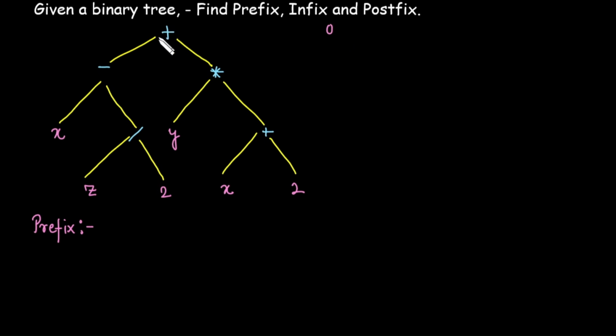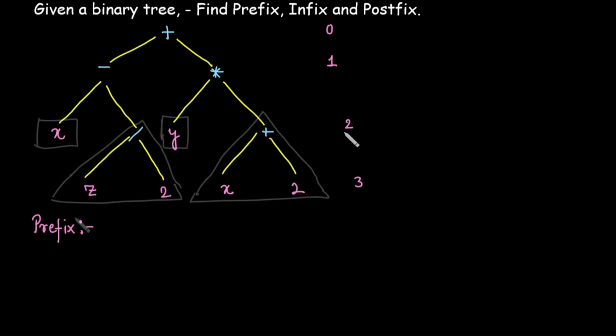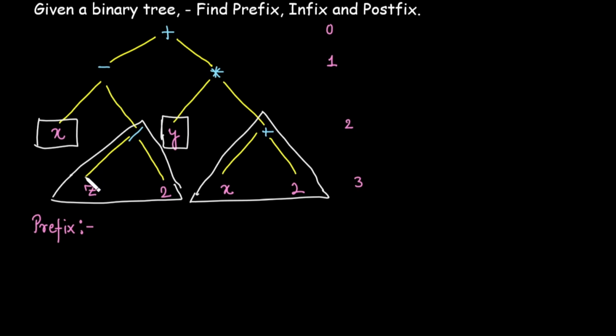The first vertex is at level 0, then first, second, third. We can start from the lower level subtrees, that is from level 2. So we have 4 vertices at level 2. Firstly, write the pre-order of these 4 subtrees. In the first case, it is a single root, so we can write it as it is.